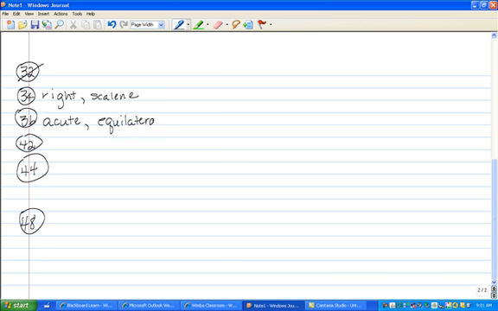Okay, 42, let's skip down to 42. It says find the measure of each angle in triangle ABC. So in triangle ABC we have 10x minus 20 for angle A, plus for angle B we have x plus 15, plus angle C we have x plus 5.